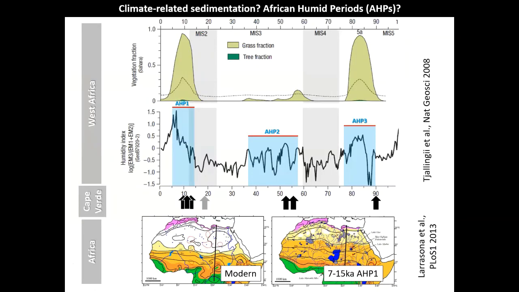And now, relating this to a general view of this part of Africa. We know that Africa experienced the African humid periods, which were wetter and connected with the so-called Green Sahara, with rivers and lakes and more presence of water in the system.